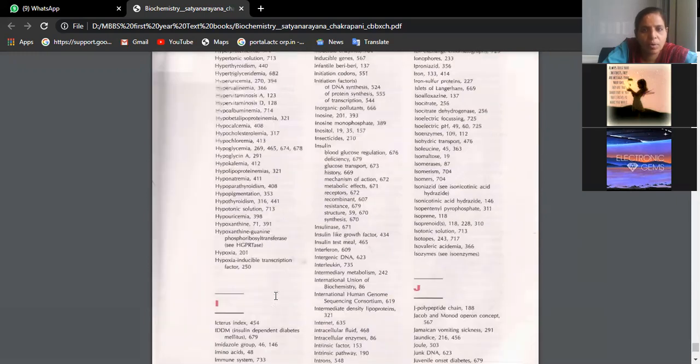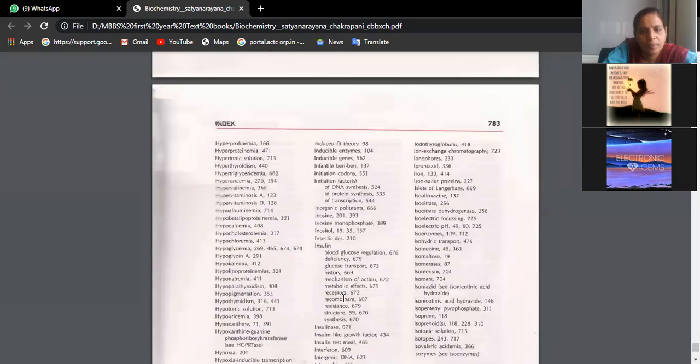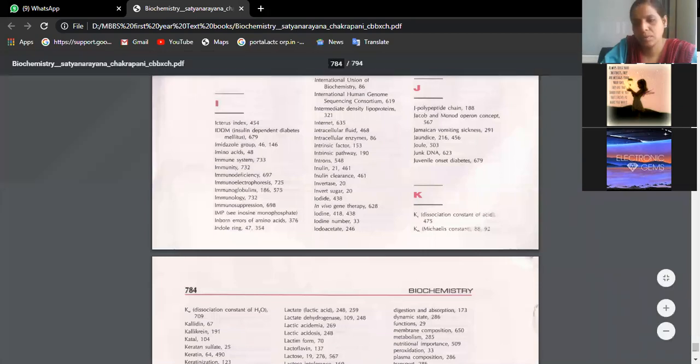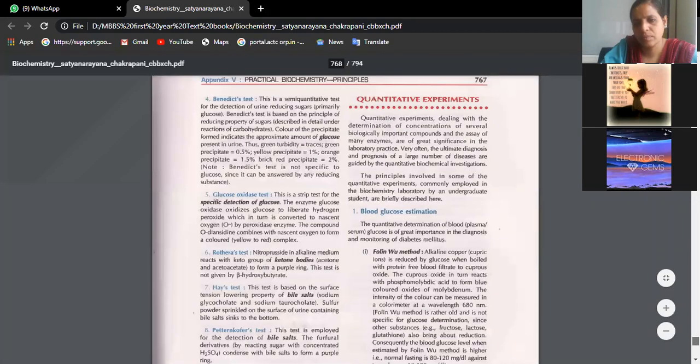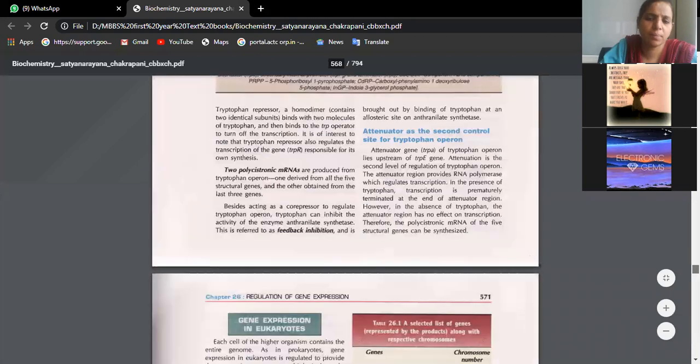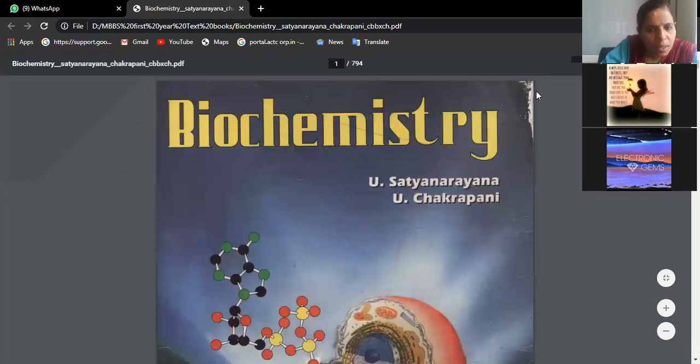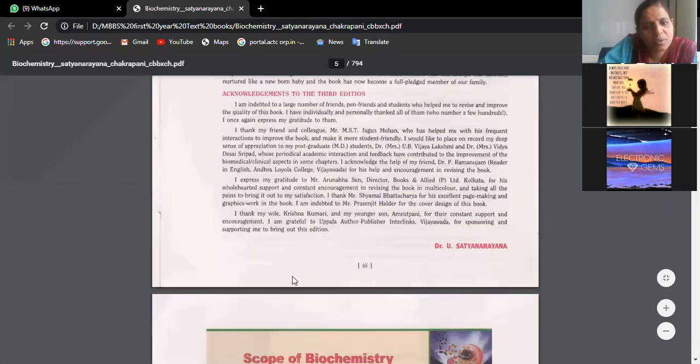Anybody has opened immunoglobulins? This number is not given. Simple table is there, but in physiology and also in biochemistry, I remember. If you remember that, you will write everything.